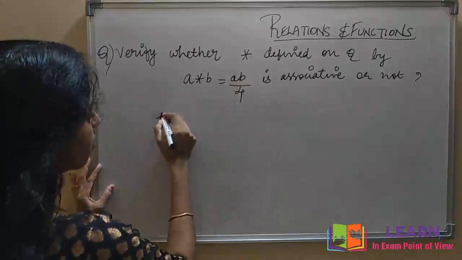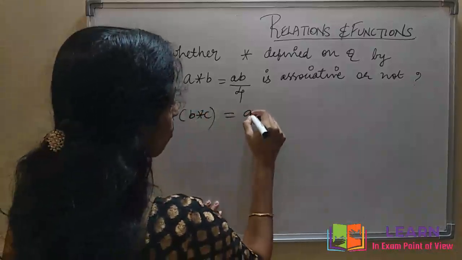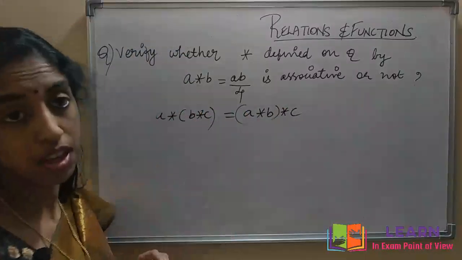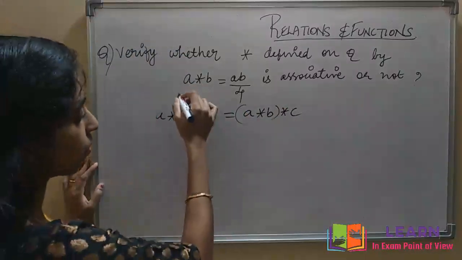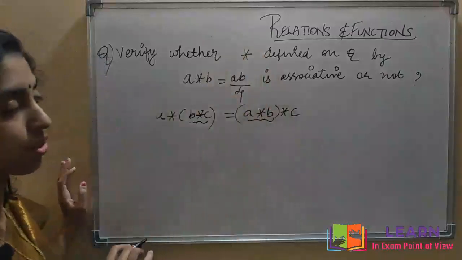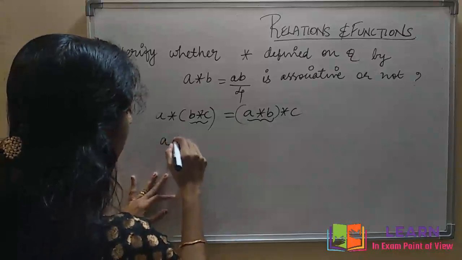What is associativity? a star (b star c) is equal to (a star b) star c. So in the place of b star c and a star b, just substitute the operation ab by 4. Clear? So here a star as such.